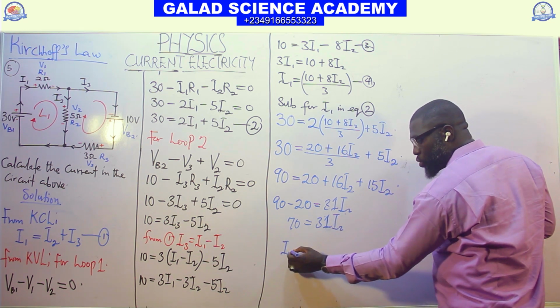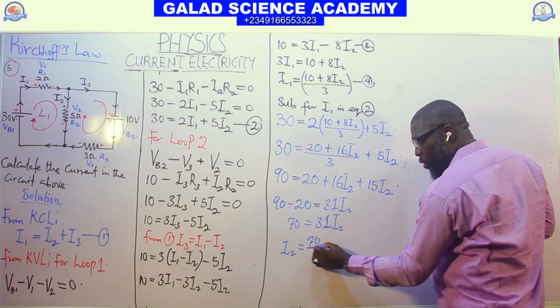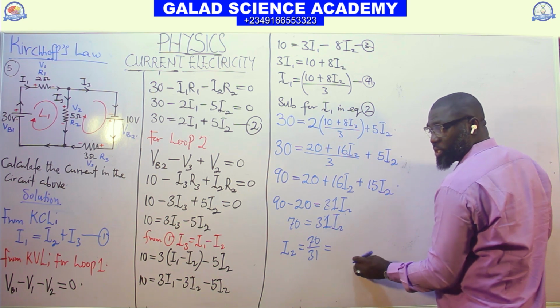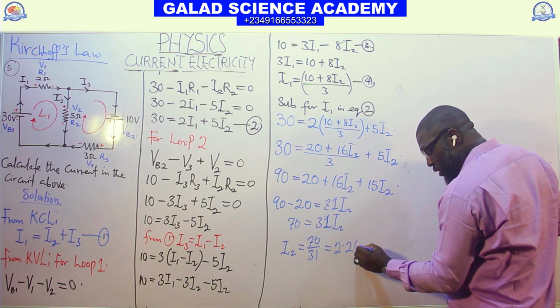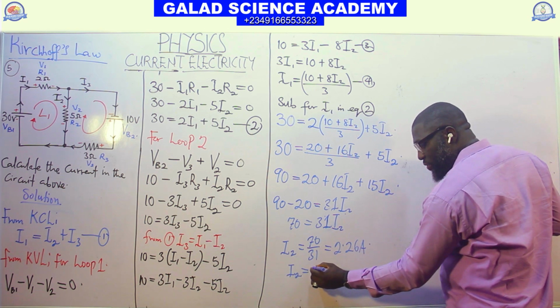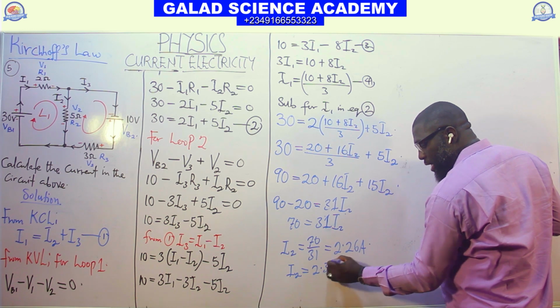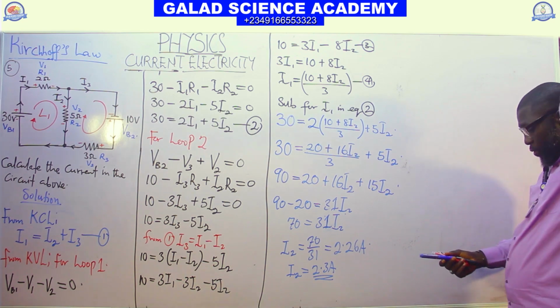So I2 equals 70 over 31, which gives us 2.26 ampere. Approximately, we have 2.3 ampere for I2.